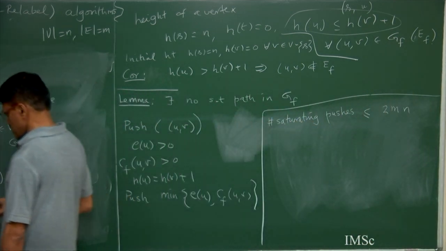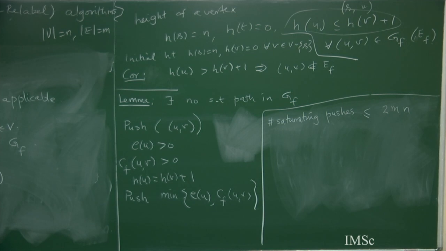The argument is similar to the Edmonds-Karp algorithm, where we said the number of times an edge becomes critical is at most order mn, or n times for a particular edge. A particular edge becomes critical in an augmenting path at most n times, simply because you push something through that edge, and to push something through that edge again, if it is already saturated, means that you have to push something back and then send it again.